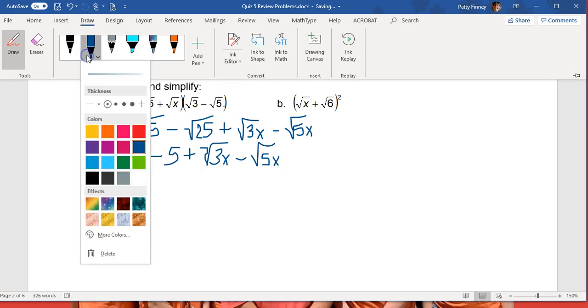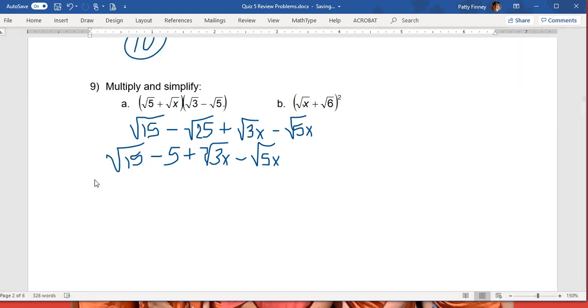For the second problem there, they're asking us to take the square root of x plus the square root of 6 squared, which means we've got the square root of x plus the square root of 6 times the square root of x plus the square root of 6.